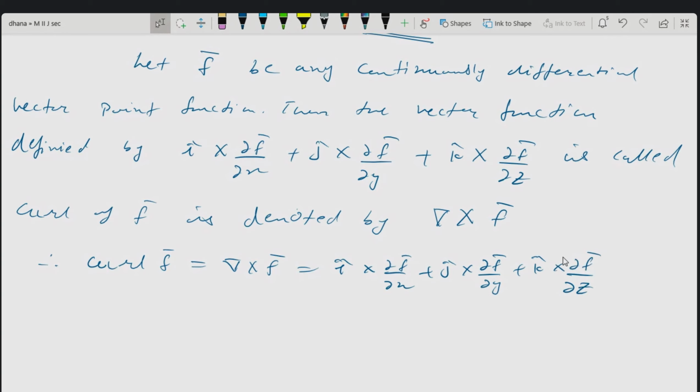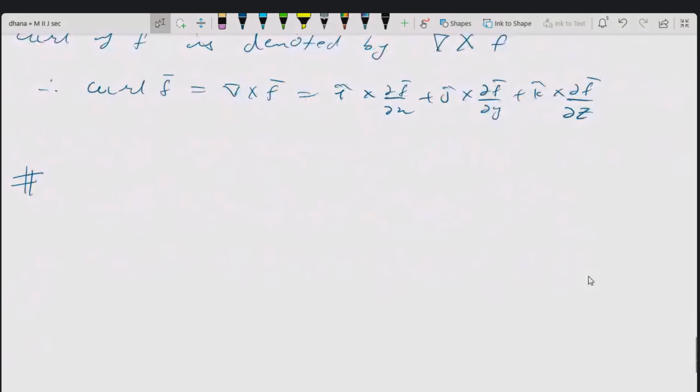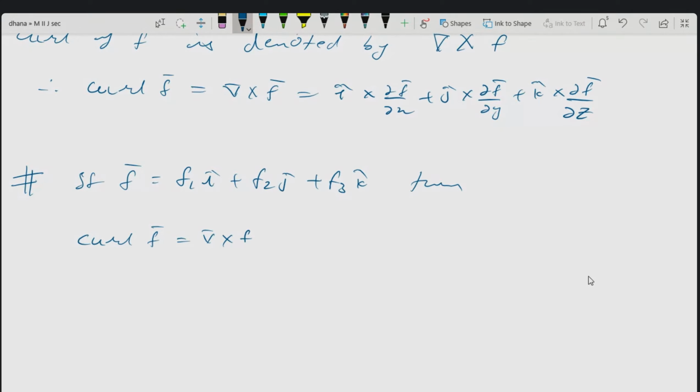Now based on this, you can have this thing. If your f bar is given by f1 i cap plus f2 j cap plus f3 k cap, where f1, f2, f3 are scalar functions, then curl of f bar, which is del cross f bar, how will you calculate this one, tell me?